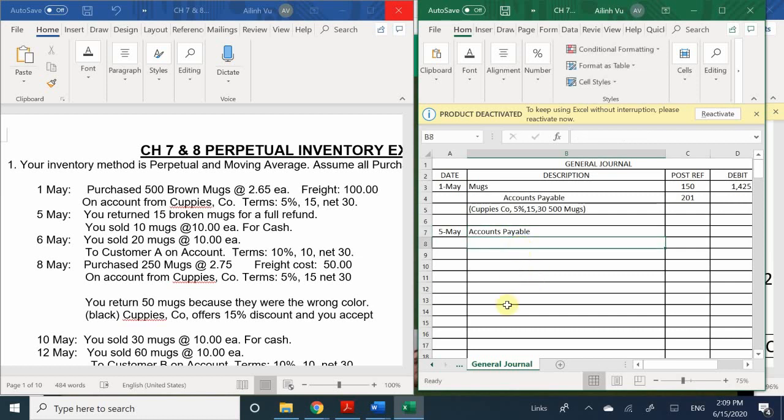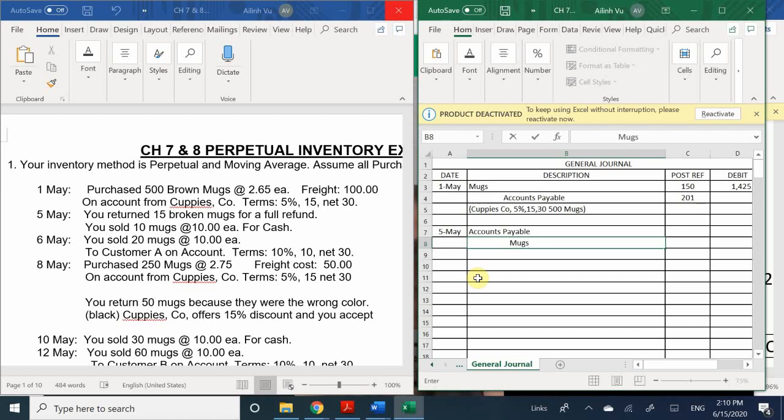What has to happen if we're going to receive our money back? The mugs have to be returned. So what is our credit account here? Mugs, because we no longer have these 15 mugs.